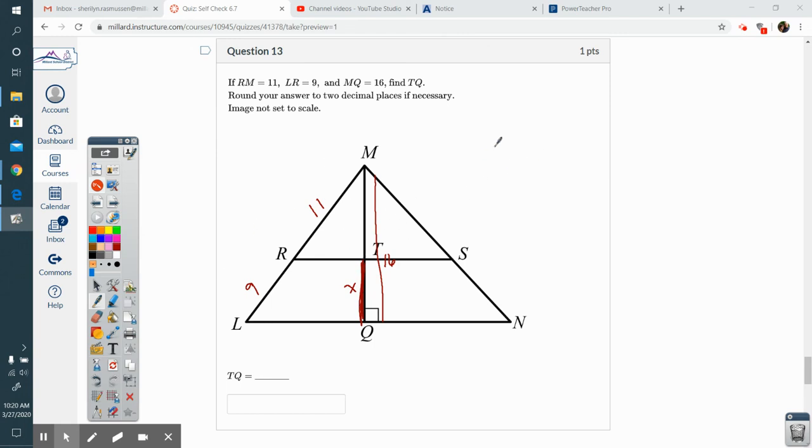So we go X divided by the total is equal to 9 divided by the total, which is 20. Cross multiply, 16 times 9 divided by 20, 7.2. Okay, so this should be 7.2 right here.